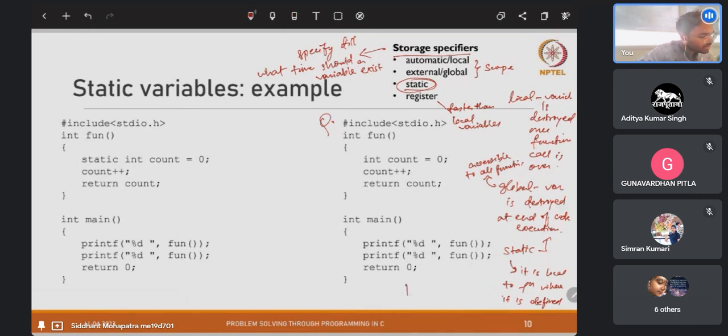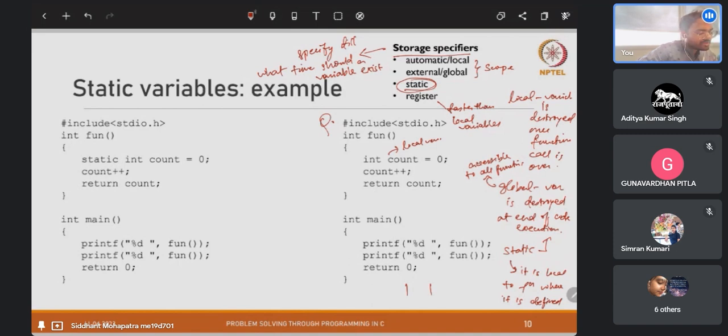If we just print it out, you get 1 and 1, because the first time the function is called, you have a count 0 defined and initialized. This is a local variable, local to the function called fun. Now it increments the value by 1 and returns that value.